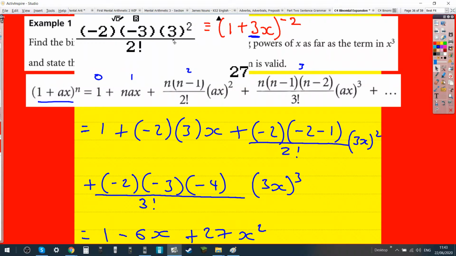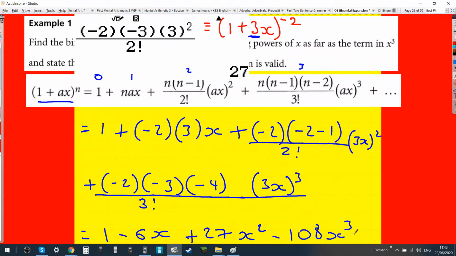You can put it all in the denominator, it's the same thing. Because a binomial, it's exactly the same. So I've got -108. So would it be -108x cubed? Looks good.